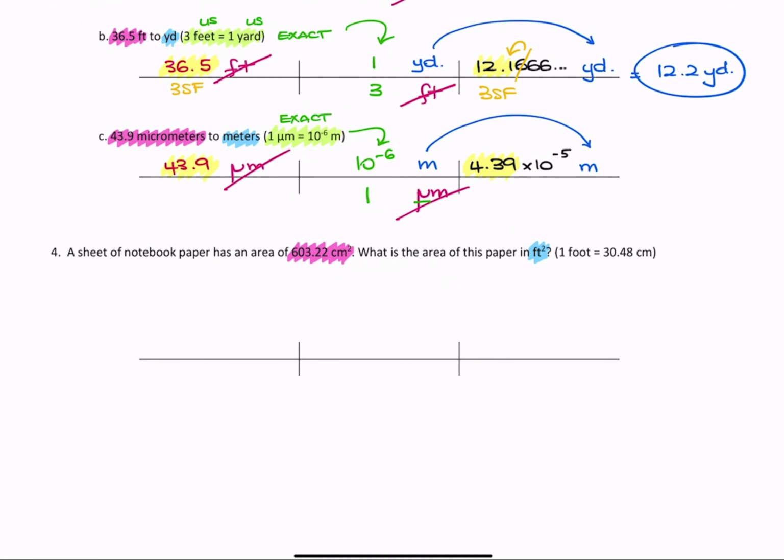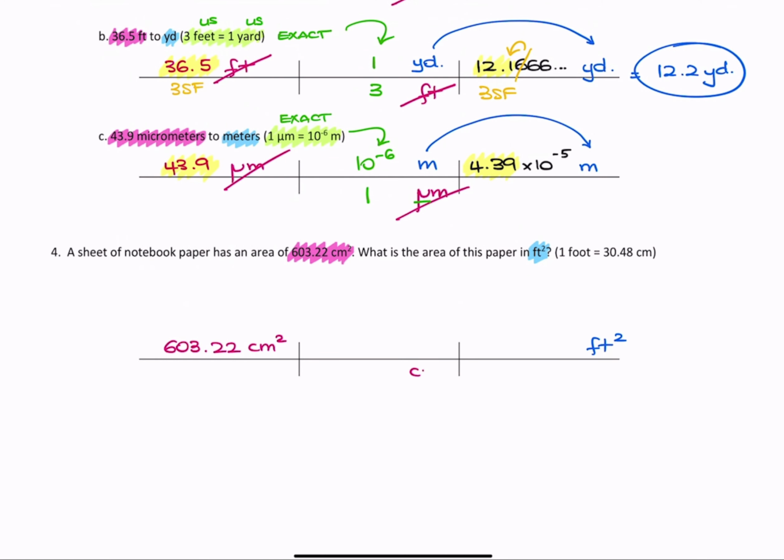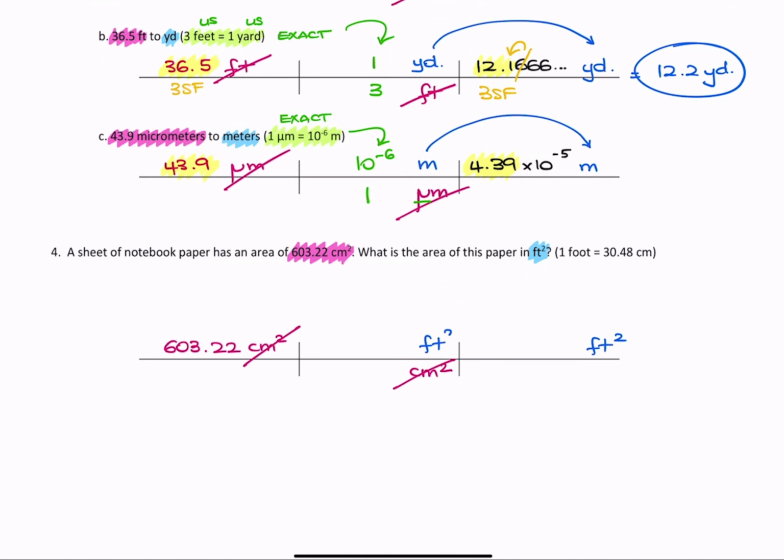Therefore, very similarly to what we did for the last problems, 603.22 centimeter square, and what I want at the end is square feet. Therefore, I will need to cancel my square centimeter and get my square feet at the top. So I will keep them.